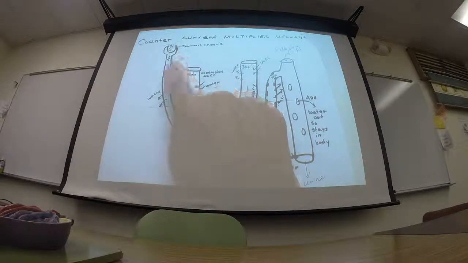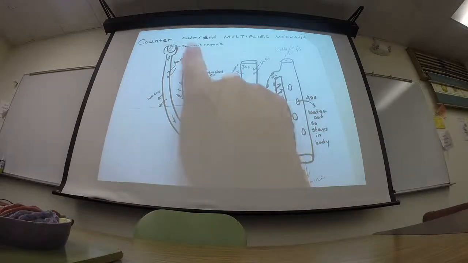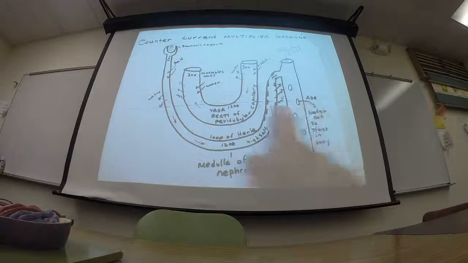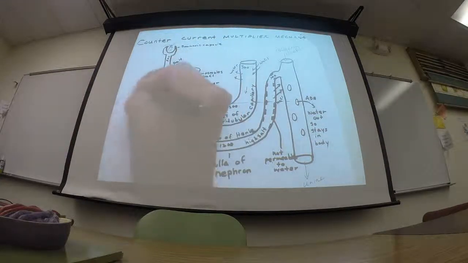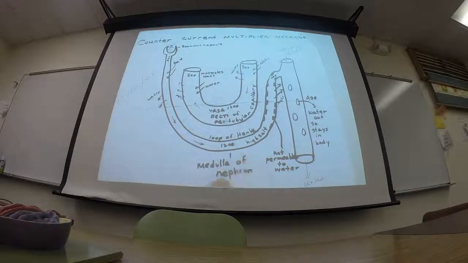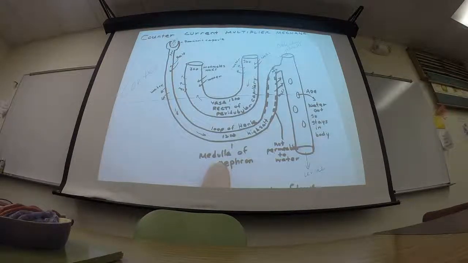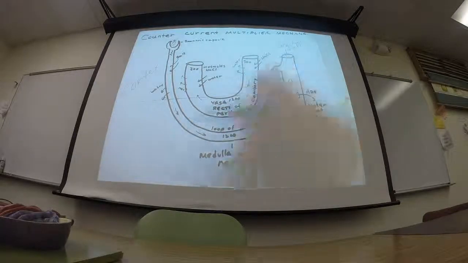But as salt continues to accumulate and accumulate, you are going from, see the line? Once you're above the line, you're in the cortex region. Once you're below the line, you're in the region of the kidney that we call the medulla. So you're dipping down into the medulla, and then you're going back up into the cortex again.